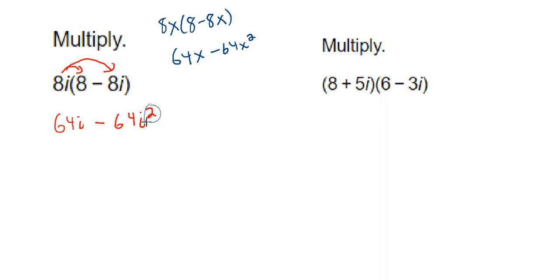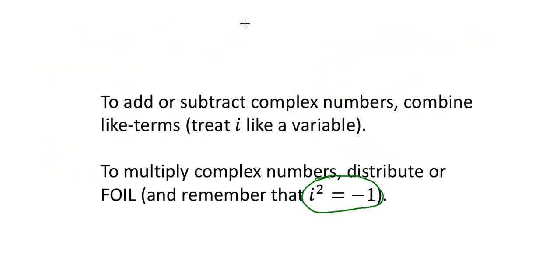And they'll just have 64i here without it being squared, even though if it was x, I know they would put x squared. And that's a really critical mistake, because you might think it's just a minor typo or something, but a big part of this problem that I'm grading you on is, do you know what to do when i squared shows up? Right? We just talked about it a moment ago on this screen.